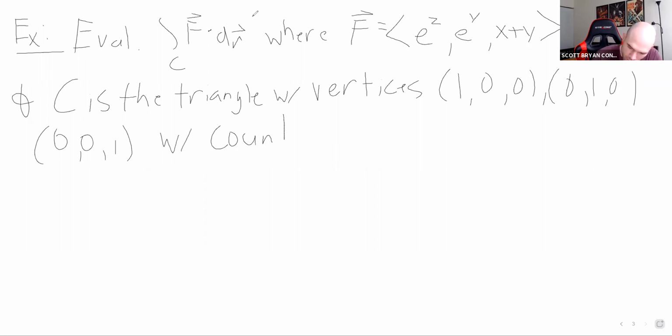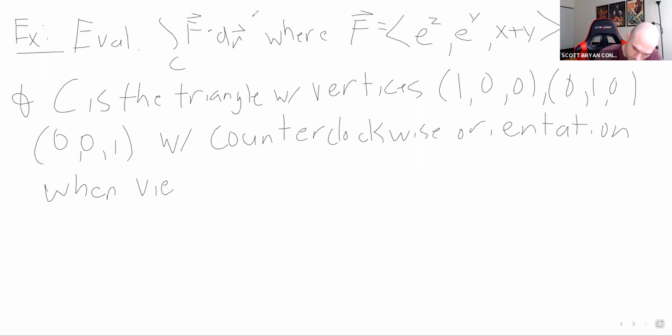So it's going to have the counterclockwise orientation when viewed from above. So if you're up in the z direction looking down on this, you're going around it counterclockwise.